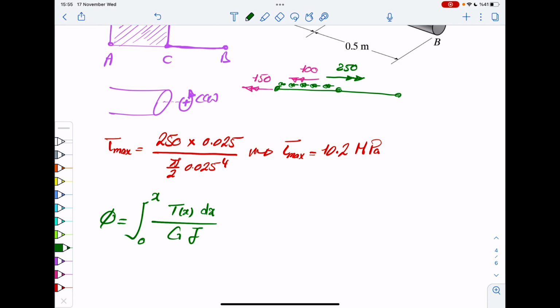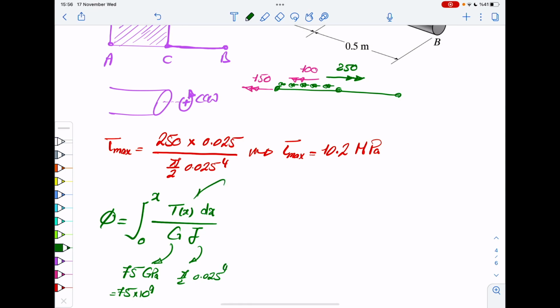All right? Now, in general, G and J could be a function of x, but in this case, they are constant. G is simply 75 gigapascal, or otherwise 75 times 10 to the power 9. J is exactly what we had up there, pi over 2, 0.025 to the power 4.